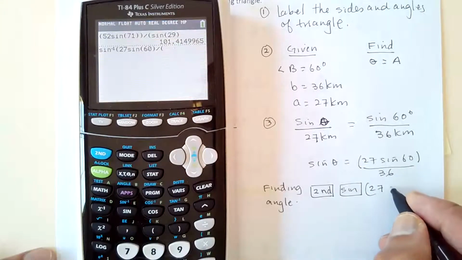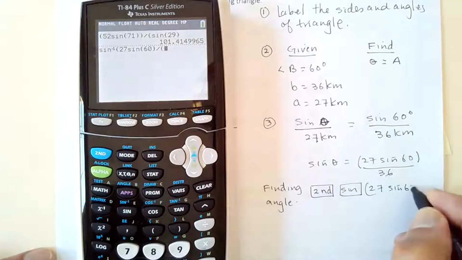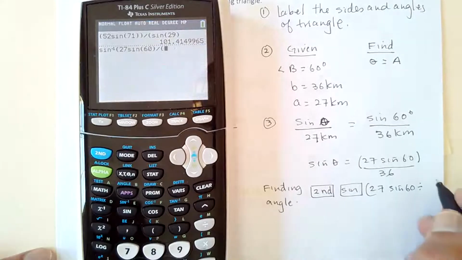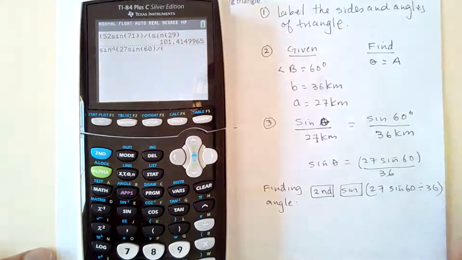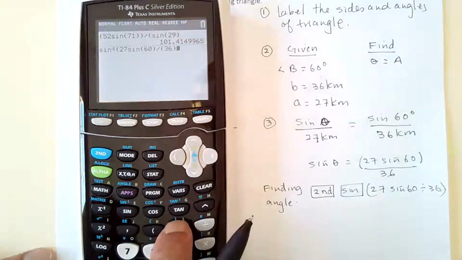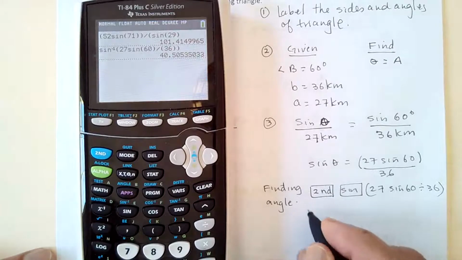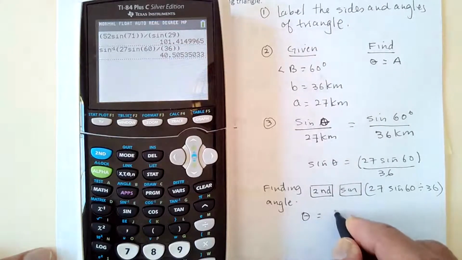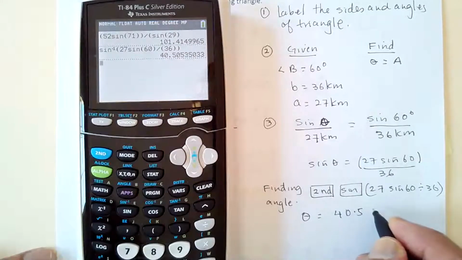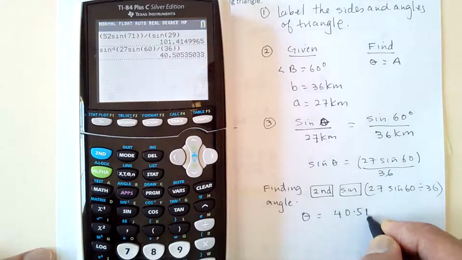So put that here. And I press enter. So that gives me a measurement of, so theta is 40.51 degrees.